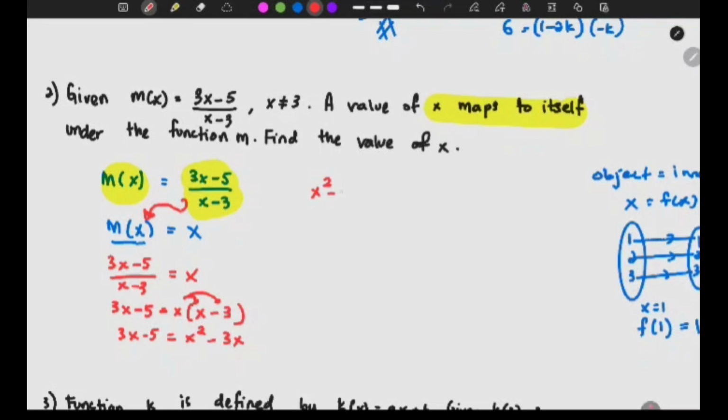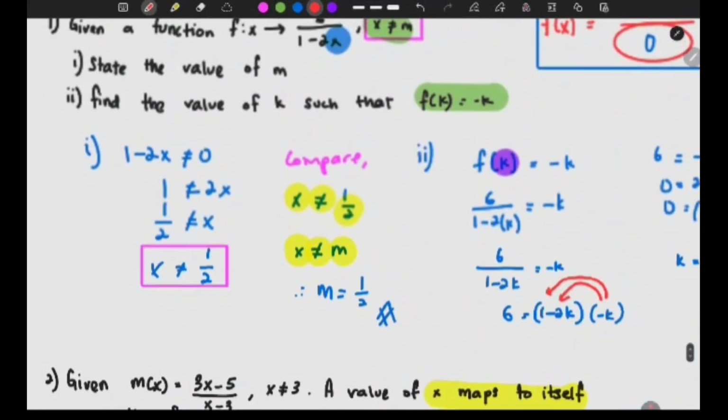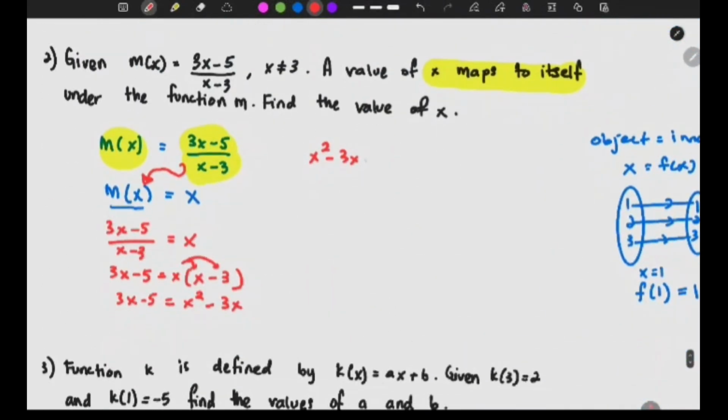So minus 3x, you will get minus 6x plus 5. And now you have to key in inside the calculator. And you'll get x equals to, wait, let me key in the calculator. 1, negative 6, 5.